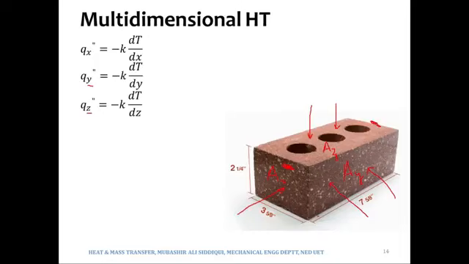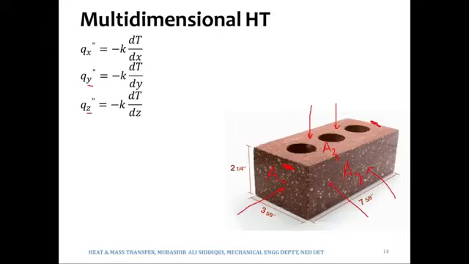Now, when we have multi-dimensional heat flow, let's say the heat is being transferred in all the three dimensions, X and Y and Z. So the heat will flow in X direction depending upon the temperature difference in X direction.